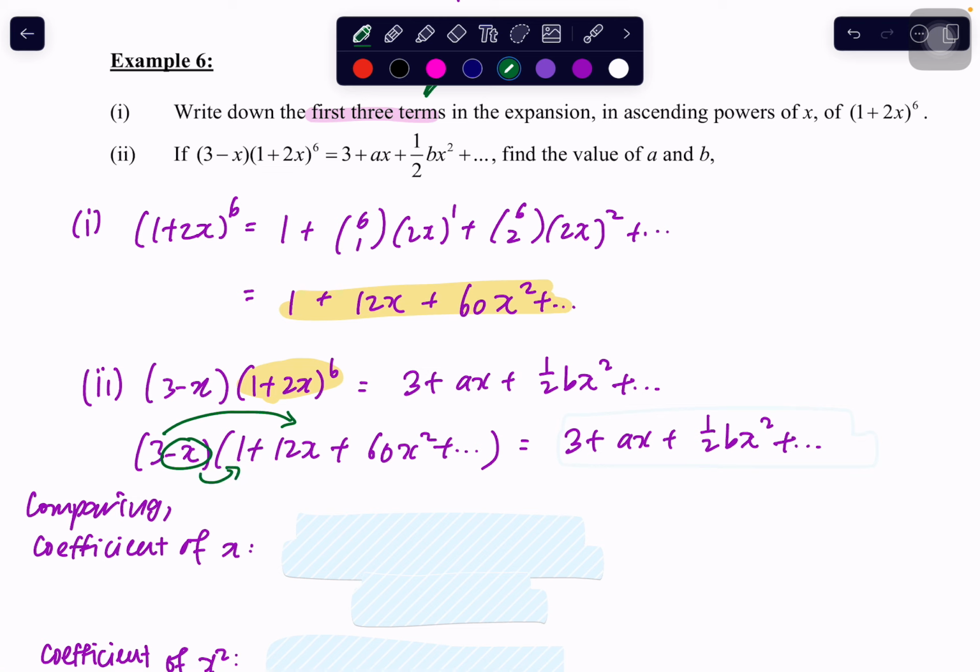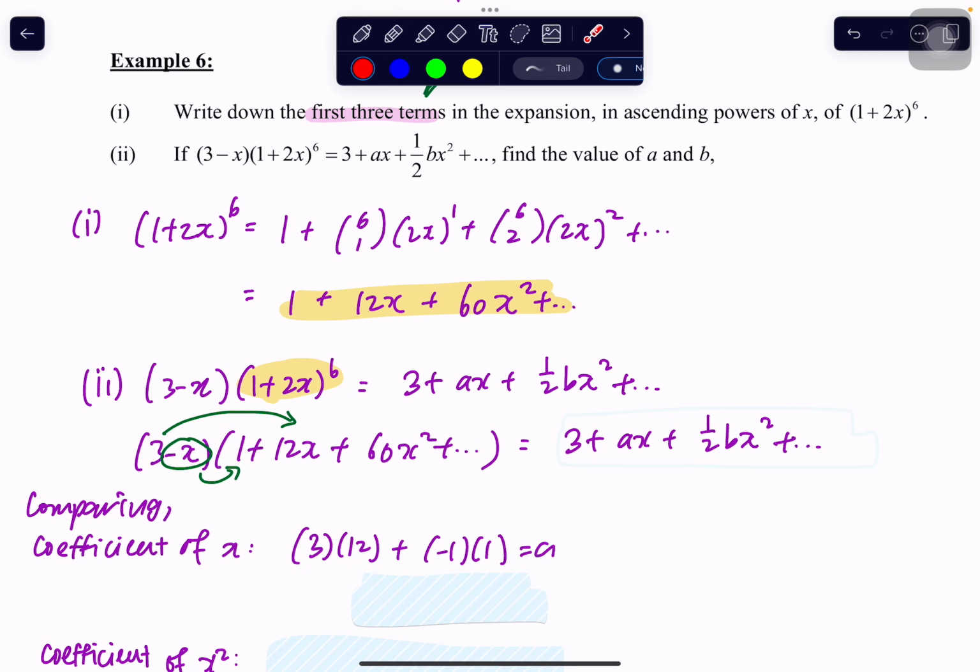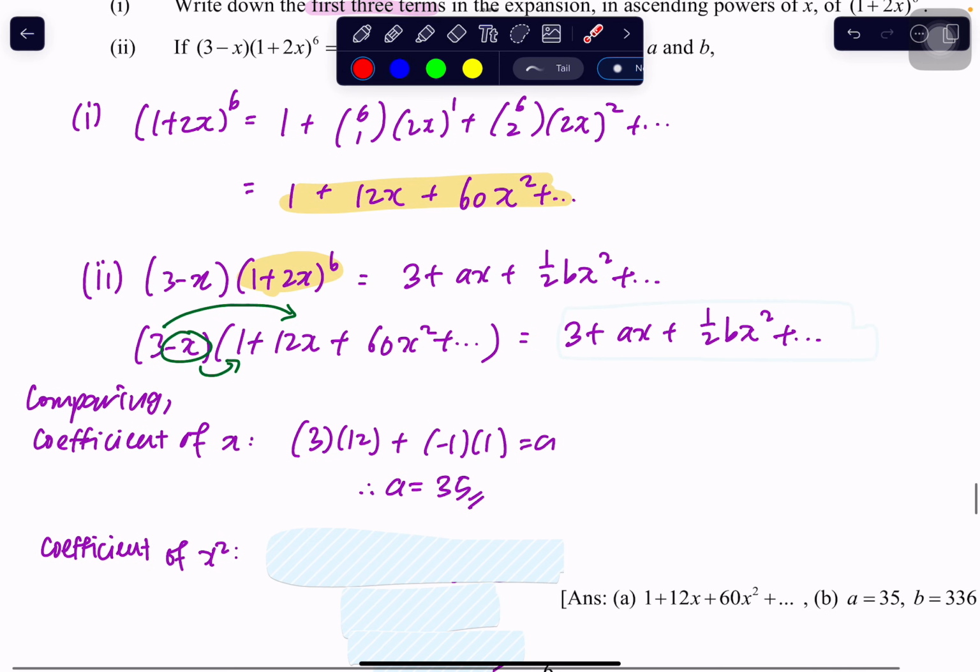These two terms with their coefficients added together should be equal to a. So 3 times 12 plus negative 1 times 1 equals a. All I need to do is work this out using your calculator, and I have a equals 35.